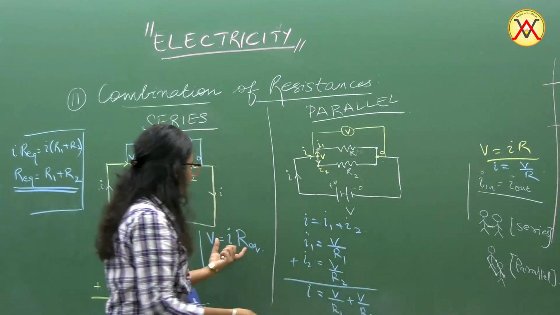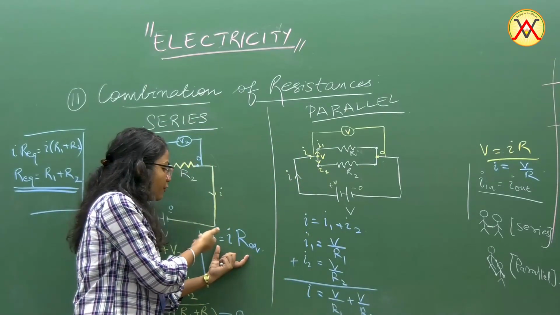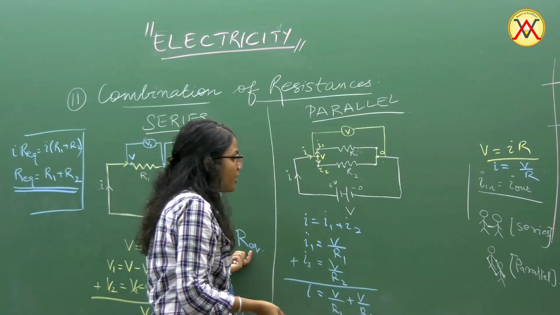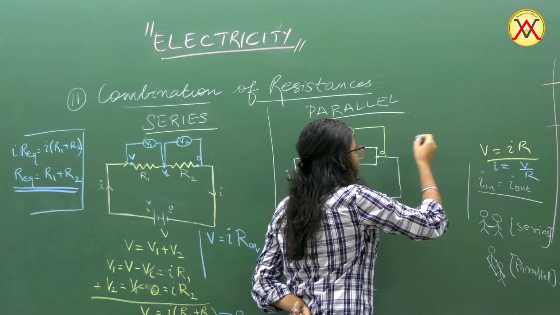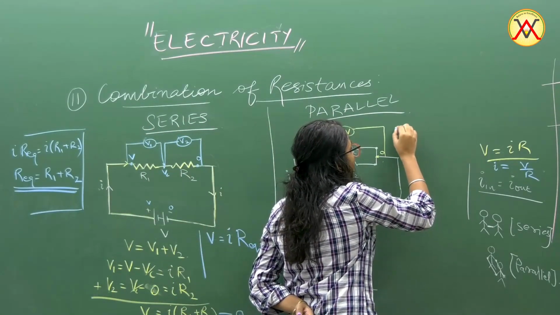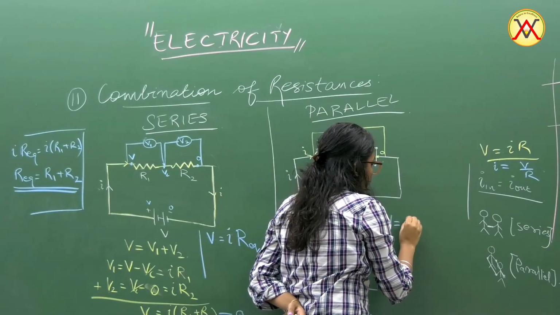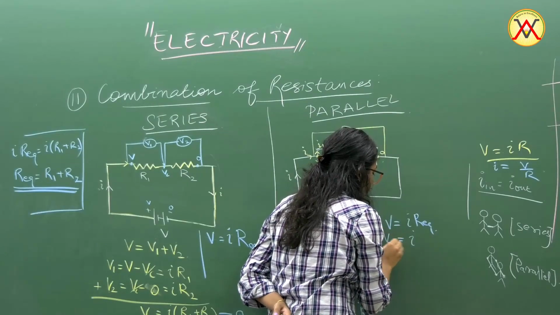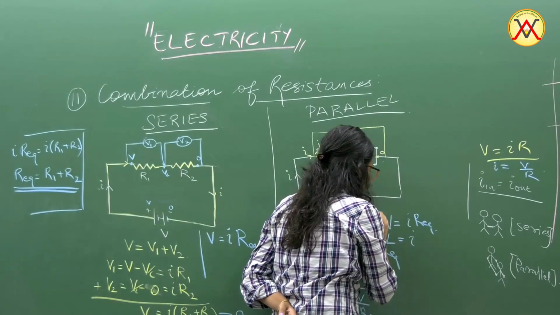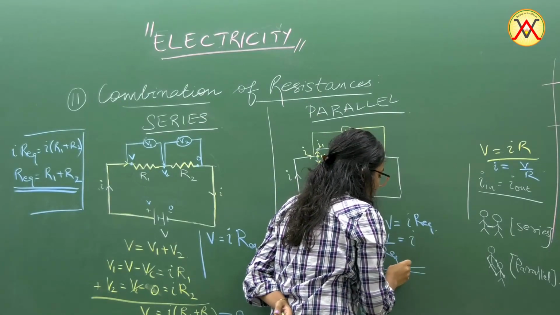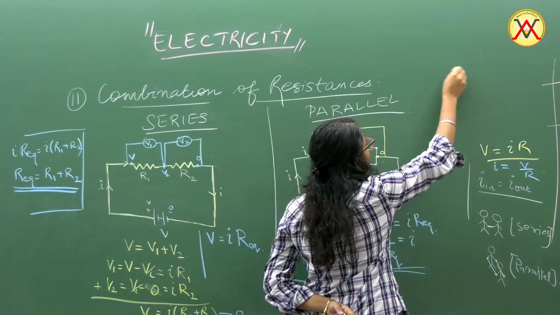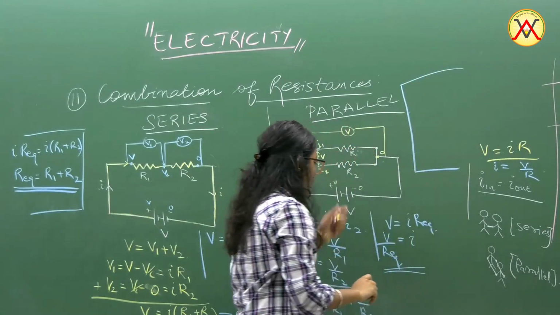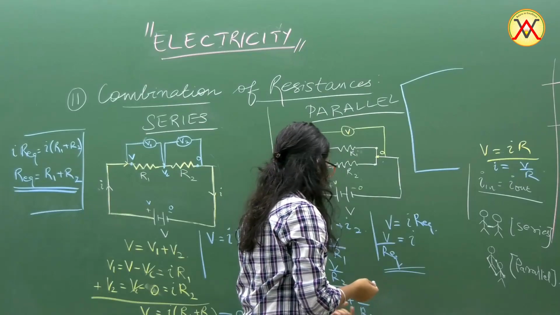Again, by this law, V equals I into R equivalent. If V equals I into R equivalent, then I will be equal to V upon R equivalent. Let us use this to get our result for our parallel combination. What would our result be?